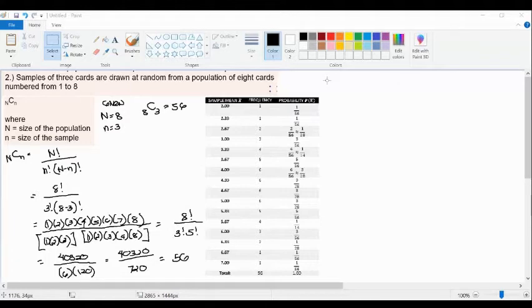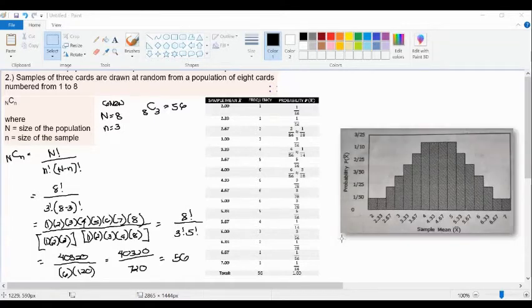You can try it on your own to check if the list of sample means, the frequency distribution, and the probabilities are correct. For our last step, we're going to construct the histogram of the sampling distribution of the means. So how do we construct the histogram? We will use Excel in doing that.